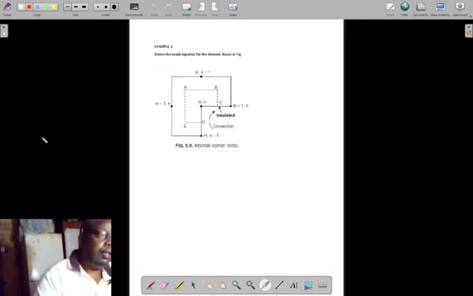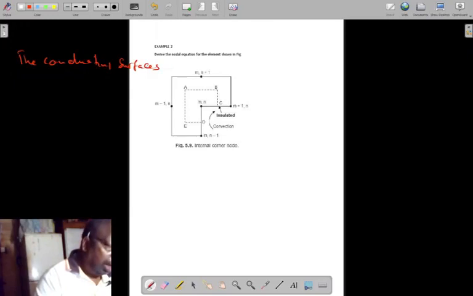So we'll say that the conducting surfaces are AB, BC, DE, and AE.